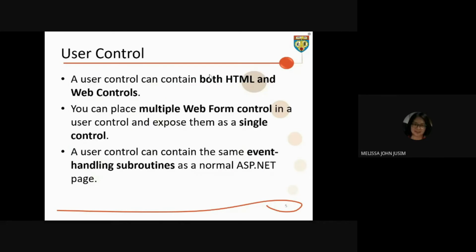The first bullet here says that our user control, our .ascx file, can contain both HTML and web controls. So HTML, perhaps a paragraph, and then web controls like just now, the label, right? Look at the second bullet. You can place multiple web form controls in a user control and then expose them as a single control.